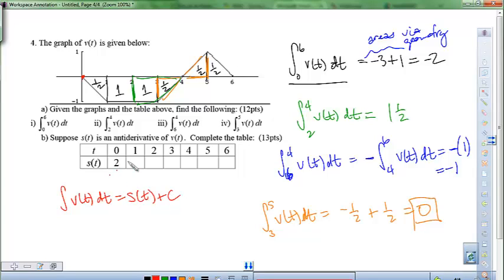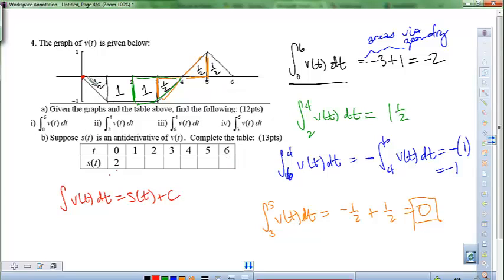So maybe the c represents that constant for this particular antiderivative. From here, we just need to take into account the contributions that our area is going to make as we move along from 0 to 6.